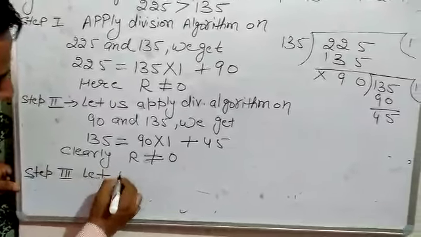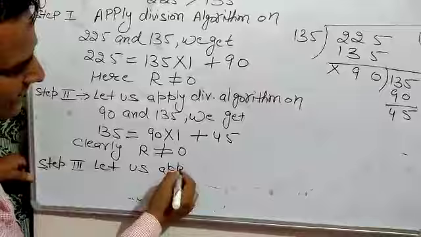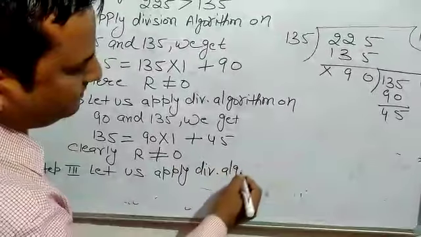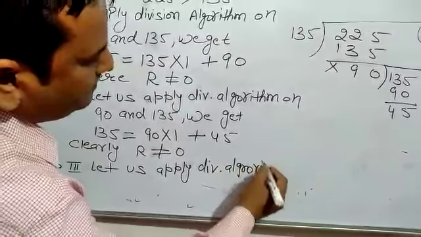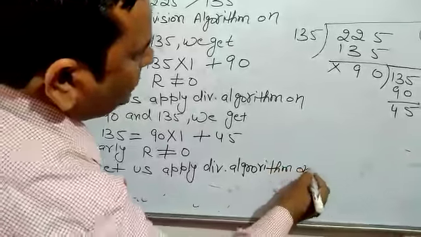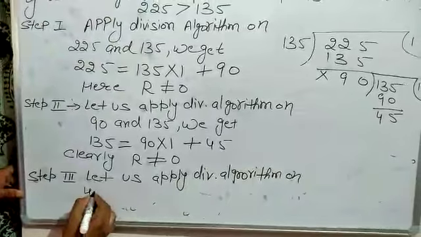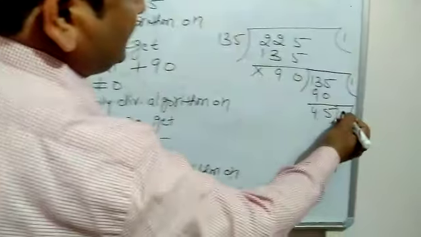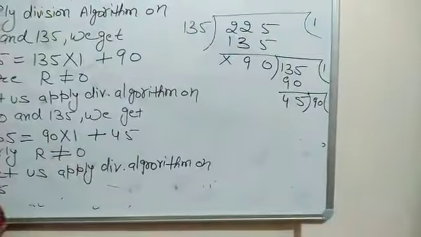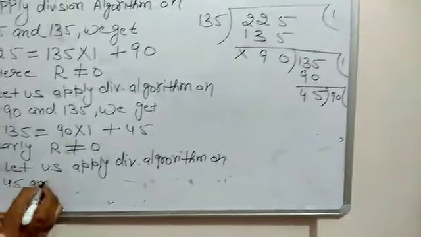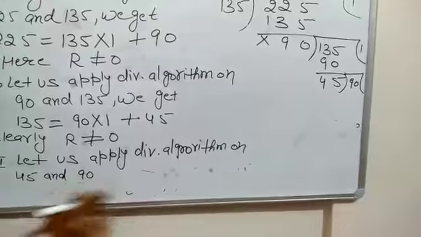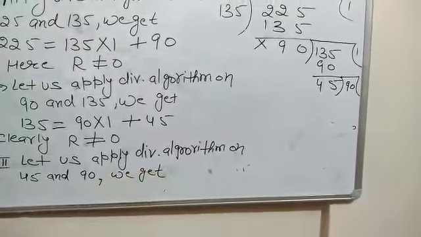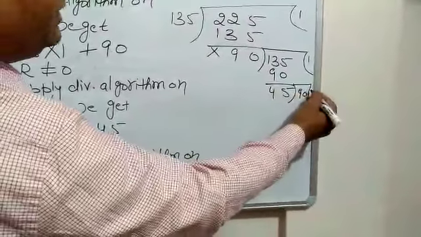Let us apply the division algorithm. The remainder 45 becomes your divisor, and the previous divisor 90 becomes your dividend. It means on 45 and 90 we get, 45 twos are 90.